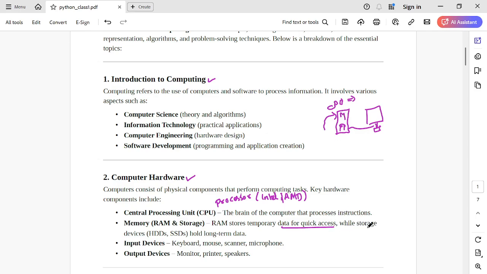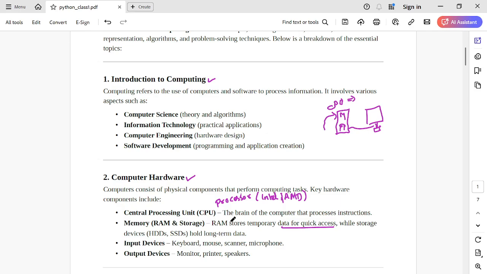Next, long-term storage devices are the hard disk as well as SSD, used to hold permanent data. RAM is volatile and these storage devices are non-volatile.